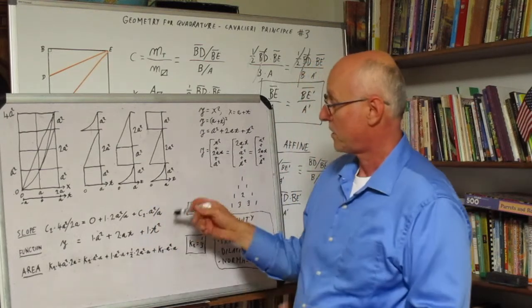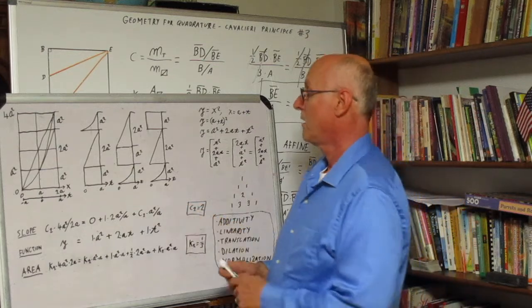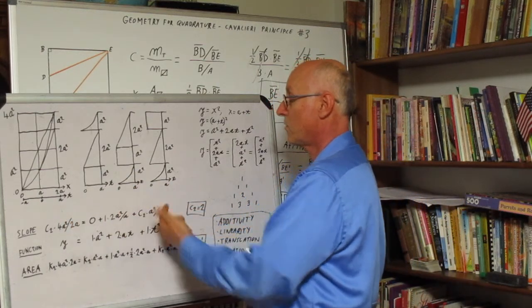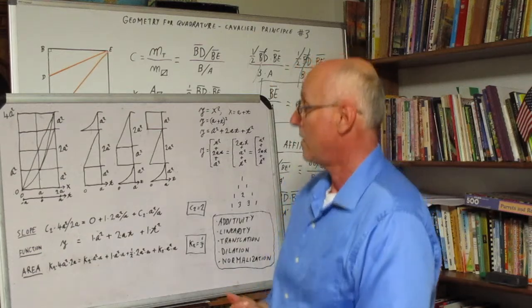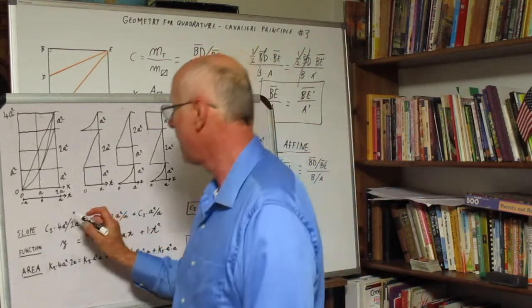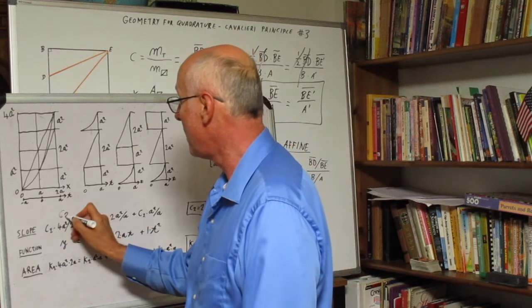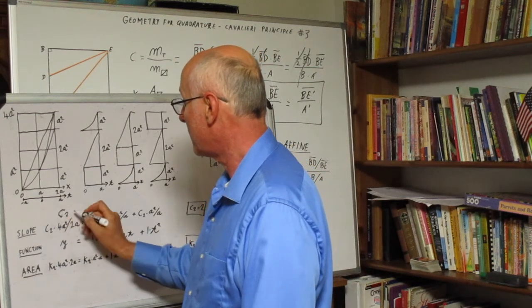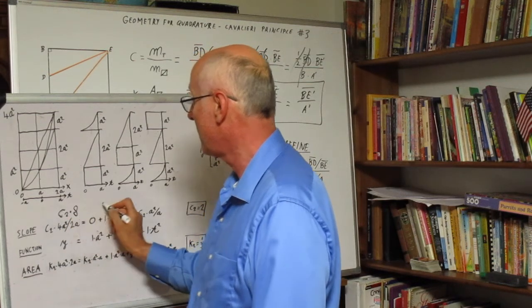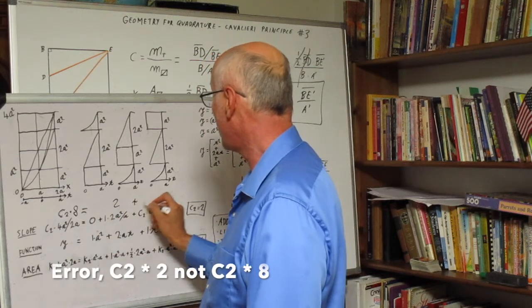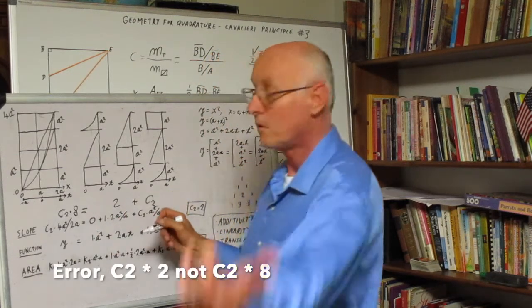All right, I think you've seen this in my previous videos. So essentially you got a squared over a, plus a squared over a. And that simply simplifies to C2 times a equals 2 plus C2.